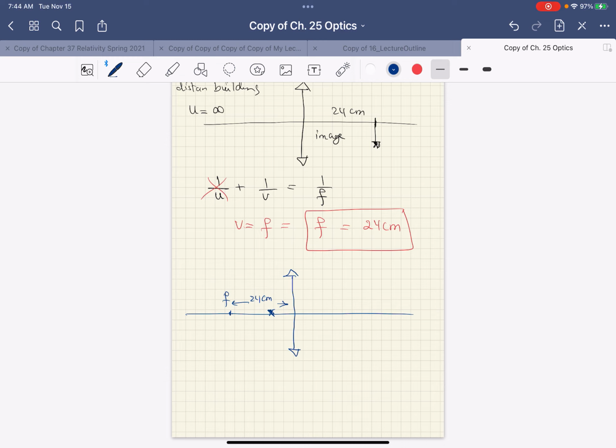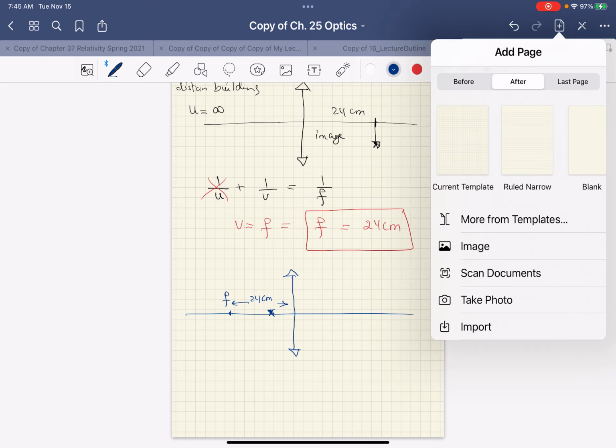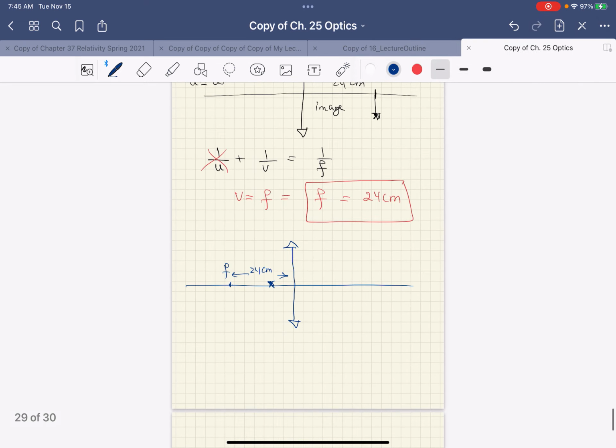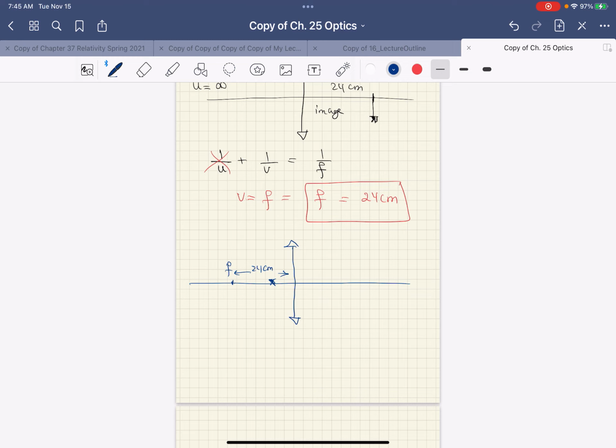I am looking for the image. Where is the image, and what is the distance between the image and the object? One thing that is really important is to verify the information that I know. When the object is at a distance less than F, it's gonna be a virtual image. Then I expect that the image is gonna be forming somewhere here.